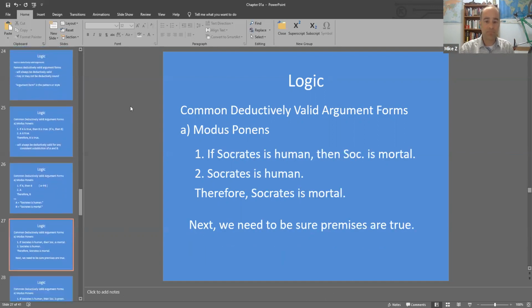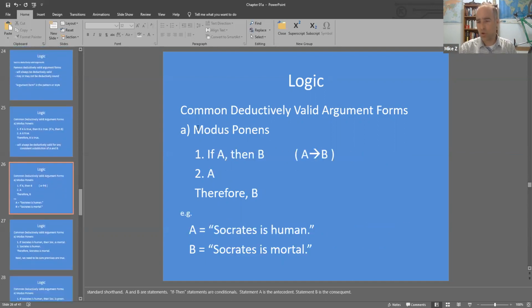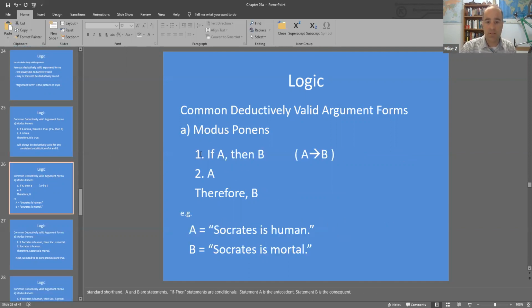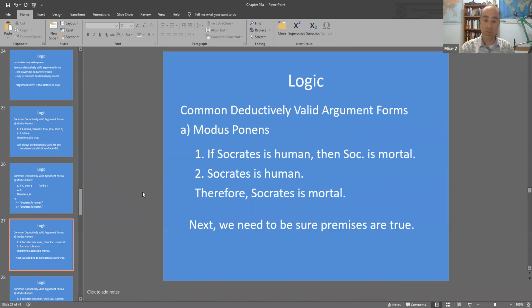Here's a shortened version so that we don't have to write it all out every time. We could just say: if A then B, and the second premise just says A, so A is true, and then we conclude B. Now let's substitute in something that resembles what we had before. We can convert our Socrates mortal argument into this modus ponens form, and it would look like this.